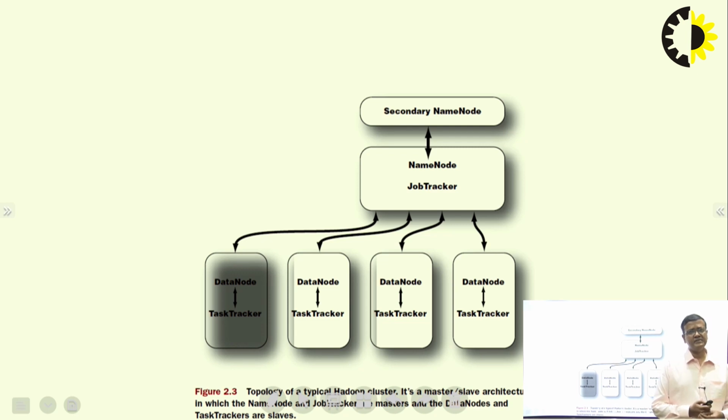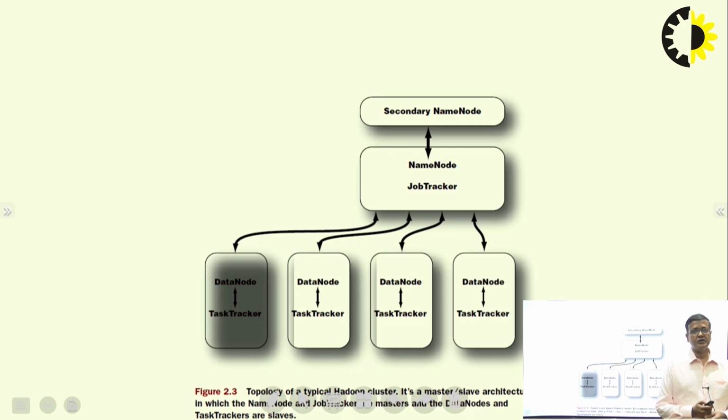Job tracker can reside in a different server also, depending upon the requirements. But in this typical topology, we have the job tracker residing in the same server as the name node server.